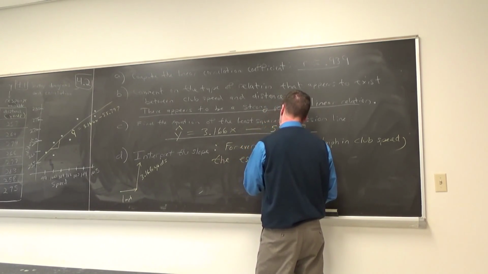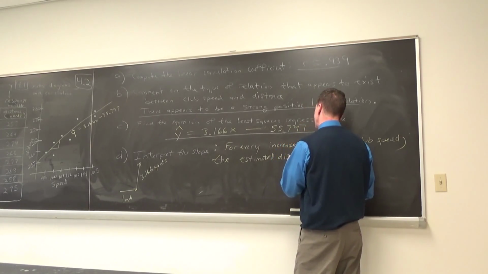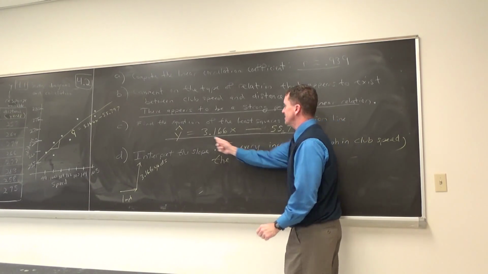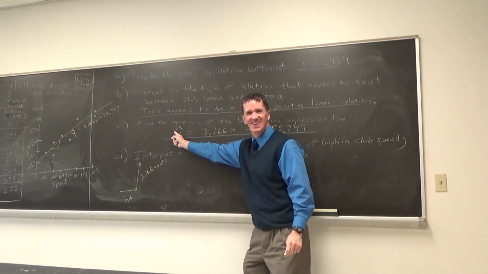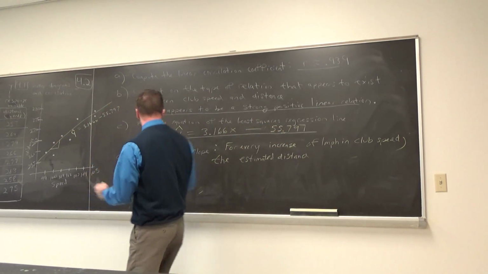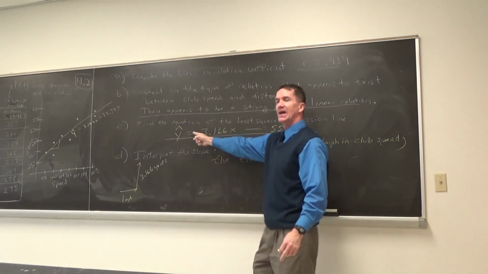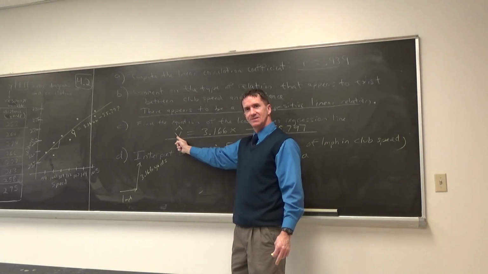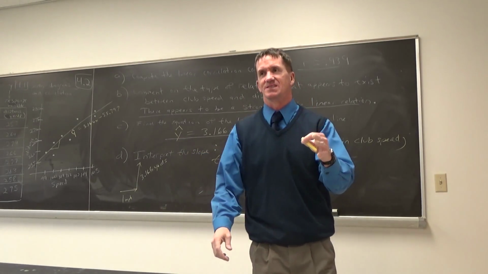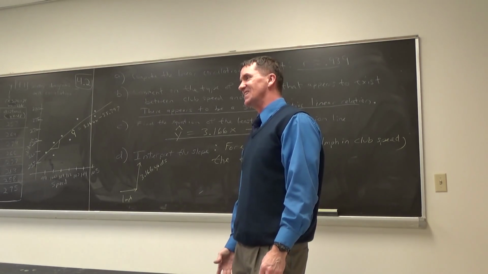Increase. And now I'm going to put a word in front of distance if you don't mind. Oh, this thing had a hat on it, right? So estimate. I'm like, okay, there's a y hat. The estimated distance. I'm going to use that word. This is called y estimated or y predicted. You can use predicted distance. I'm not going to mark off, Randy, if you just said the distance, because you're talking about that line.